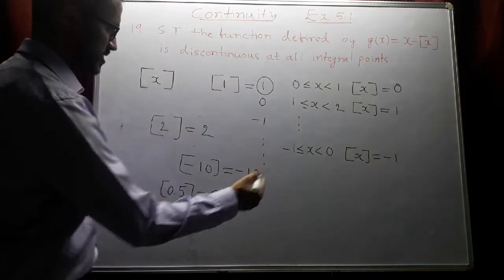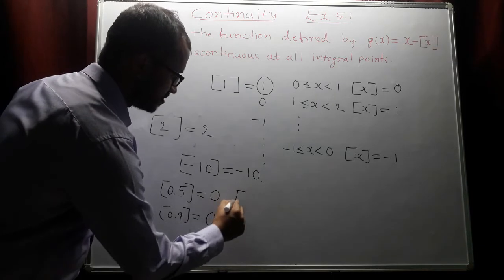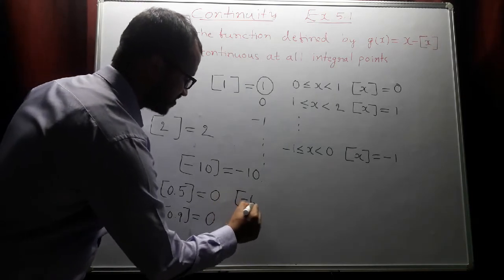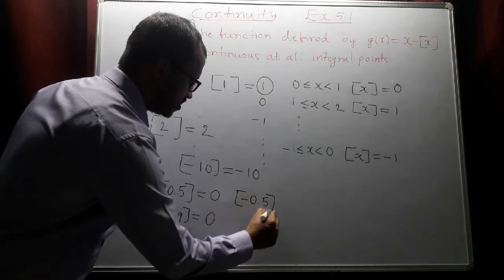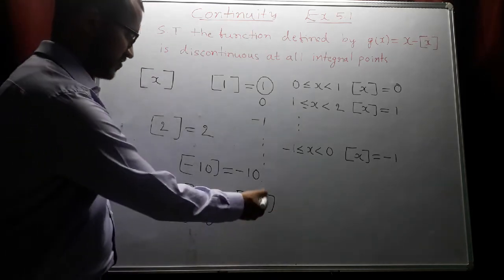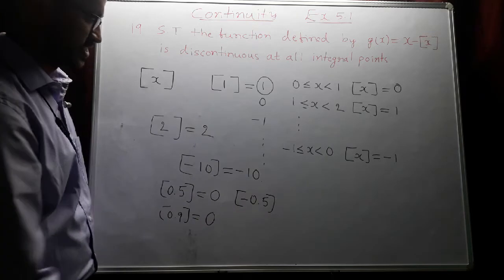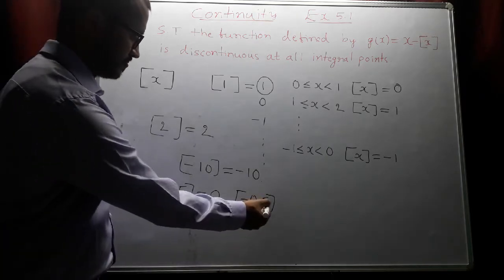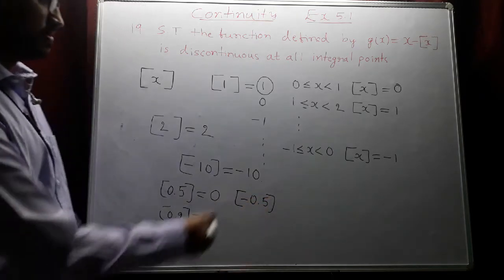Suppose we consider the value of minus 0.5. Minus 0.5 is not an integer, so the greatest integer less than minus 0.5 will be minus 1.